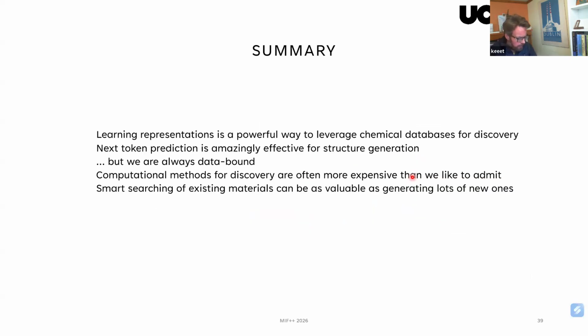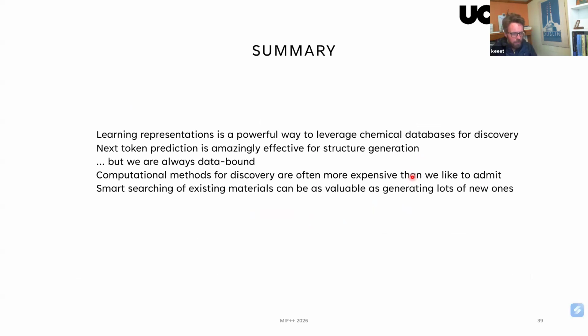Okay, so I think it's about time for me to summarize. I would say that learning representations is a powerful way to leverage chemical databases to help with discovery. I'm still amazed that next token generation is able to do structure generation at all, like effective structure generation.